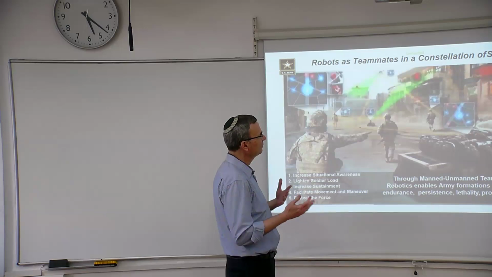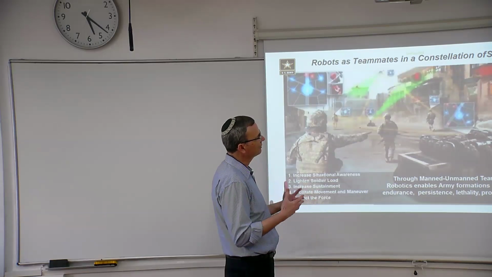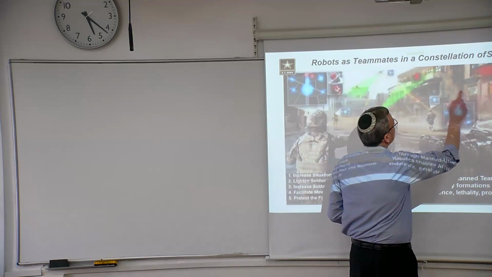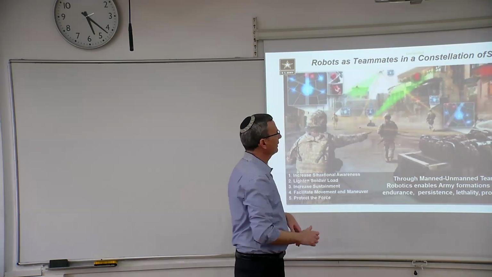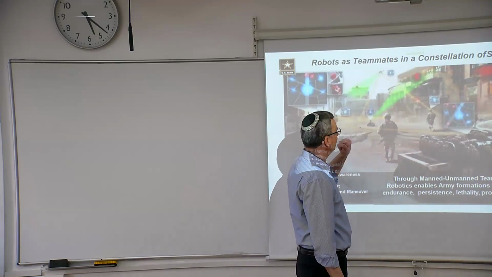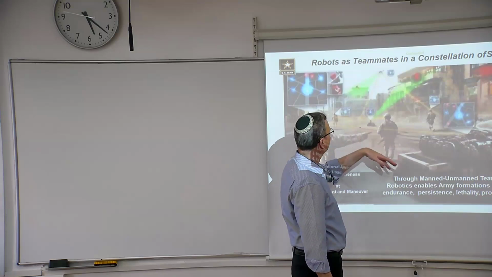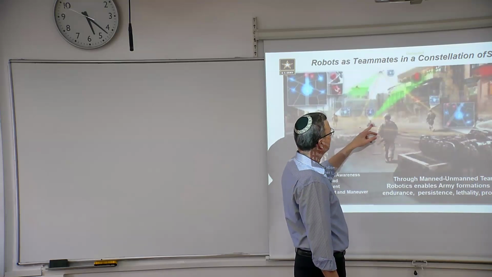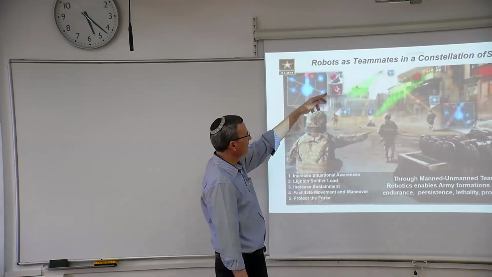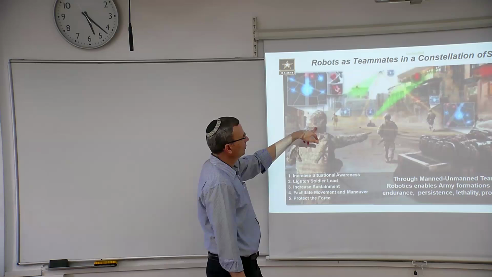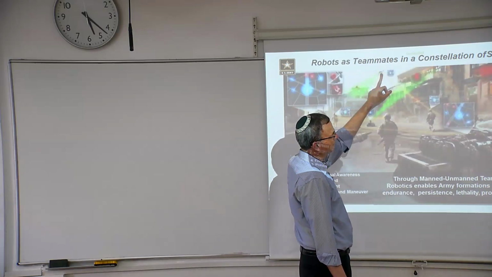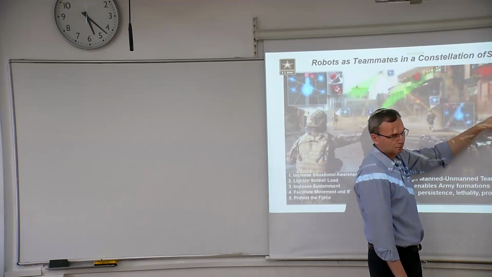All of them speak with each other, all of them share the state. What you see here is the state. Okay? So we have here a robot that carries ammunition or whatever. We have here a robot that spots the enemy and represents the enemy on the map of the soldier. We have here a drone robot, and another robot here.